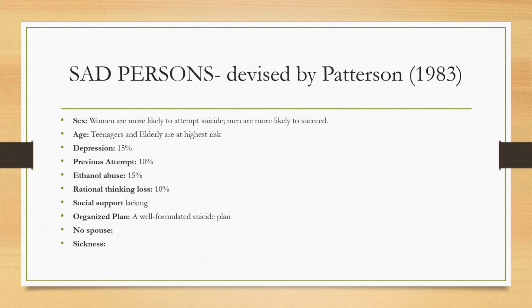Next is no spouse. Being divorced, separated, or widowed is a risk factor. Sometimes having responsibility for children is an important statistical protector against suicide. Next is sickness. Chronic illness is a risk factor for suicide. So you need to identify these risk factors when you look for a patient with suicidal ideation.